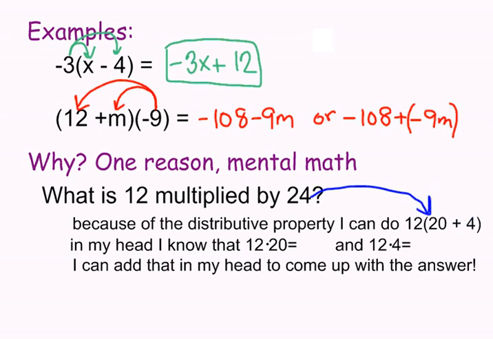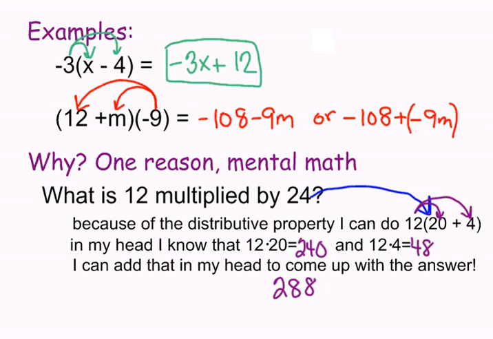And then I can think about this in my head. I know that I need to do 12 times 20, and thinking in my head, well, 12 times 2, that's 24. There's going to be a 0 on it. And 12 times 4 is 48. So in my head, I can combine those two things, and I can see that the answer will be 288.